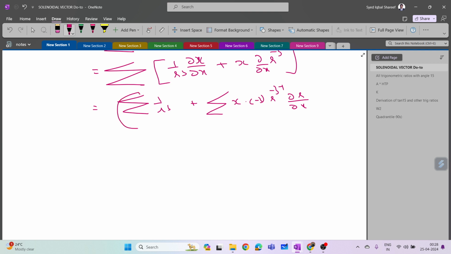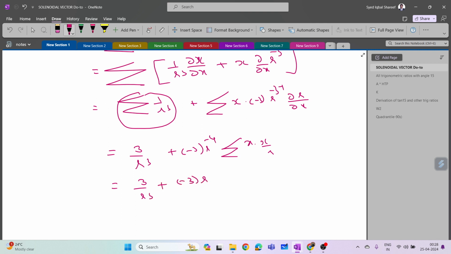So this summation will be 3/r³, because it will be coming with x, y, z, minus 3 r^(-4) outside, x ∂r/∂x is x/r. x by r, again r if you take outside, minus 3 r^(-5) summation x².